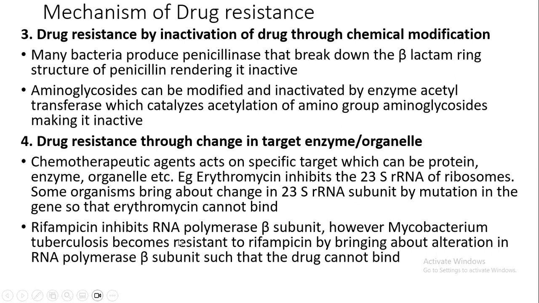Similarly, rifampicin inhibits the RNA polymerase beta subunit. However, Mycobacterium tuberculosis becomes resistant to rifampicin by bringing about alteration in the RNA polymerase beta subunit, which the drug can no longer bind.